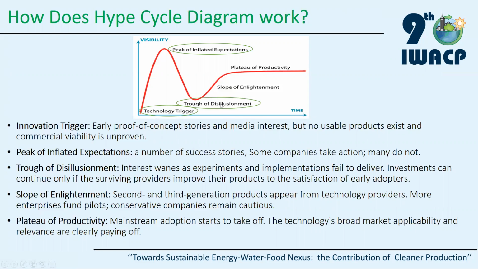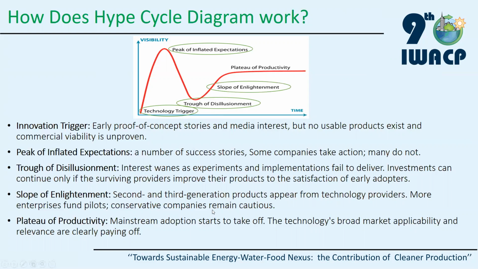The third stage is the trough of disillusionment. Interest wanes as experiments and implementations fail to deliver. So producers of the technology shake out or fail. Investment continues only if the surviving providers improve their products to the satisfaction of early adopters.